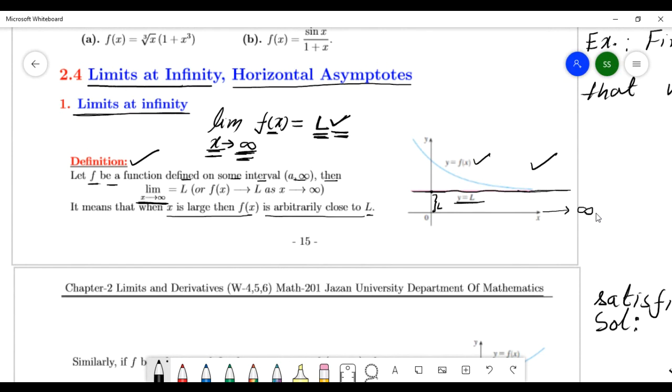This line is y equal to L. This is the meaning: when x goes to infinity, the function goes to this number L. See this function in the picture going close to this line, y equal to L. Okay, when x goes this way, right? This is the meaning.